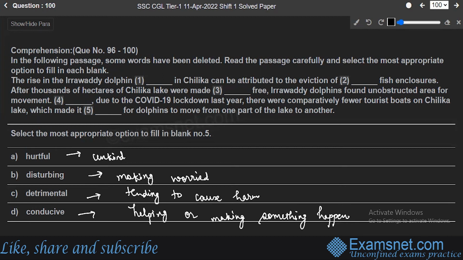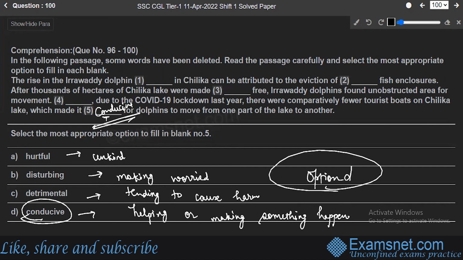So let's see what can be filled in this blank. Which made it hurtful, disturbing, detrimental, or conducive for dolphins to move from one place of the lake to another. This one, conducive, will be filled in this blank. So option D is the correct answer for this question.